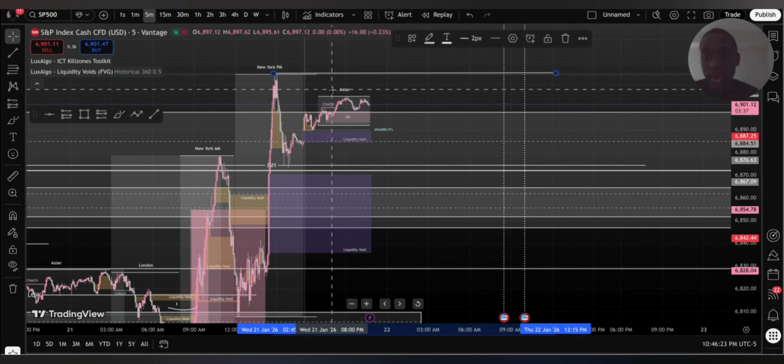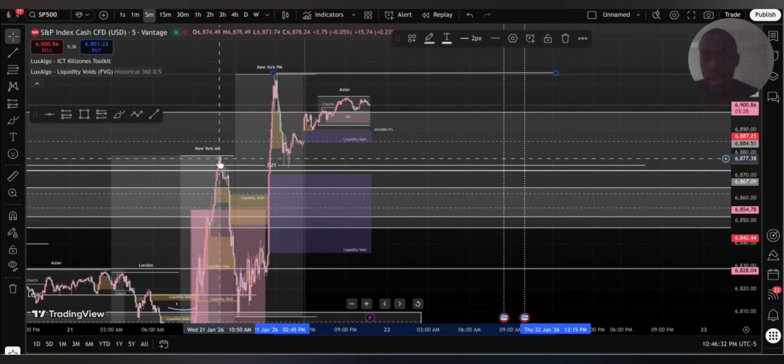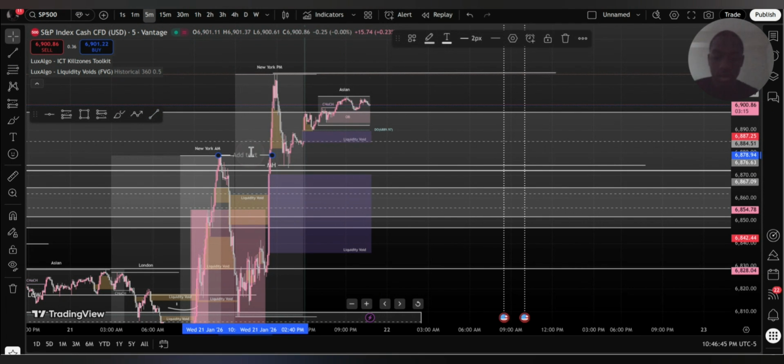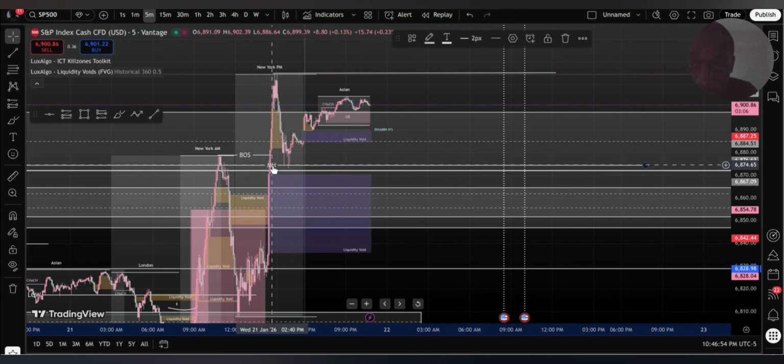The high needs to be cleared, and then we have this low resting above this all-time high. This is where the change of character also took place, and the break of structure within the market trend. So right here, this is technically our new major low.